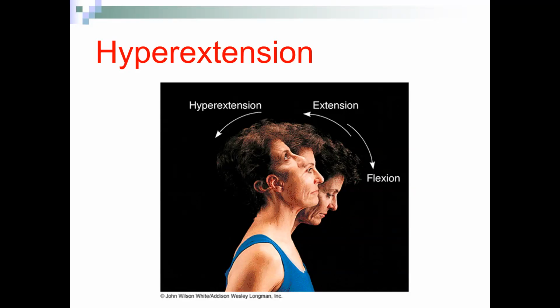Have you ever tried to lift up your head and look up for extended periods of time? You can feel the pain in the back of your neck. You can do it, but it hurts. Why does it hurt? Because you're bending the joint at the neck beyond what it is supposed to bend at. Okay? So this is why this is hyperextension.